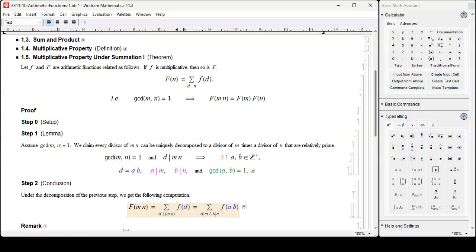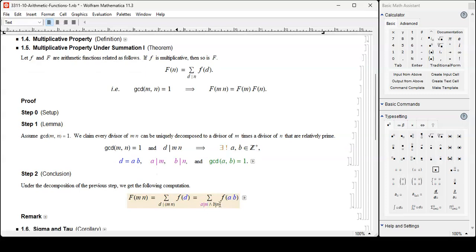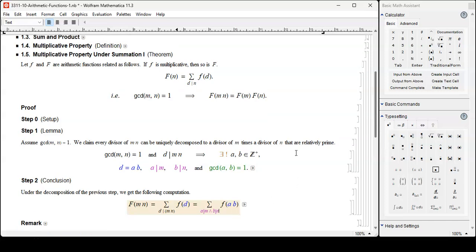And then d divides mn. Yeah, all right. Thanks to that, a divides m and b divides n. I should have highlighted all those. There you go, in purple. So we just used blue and purple.